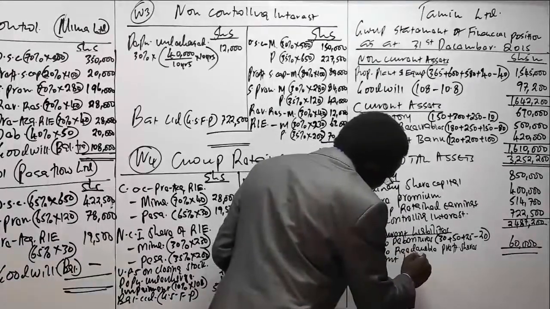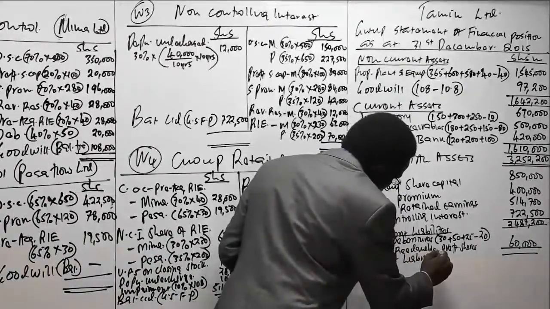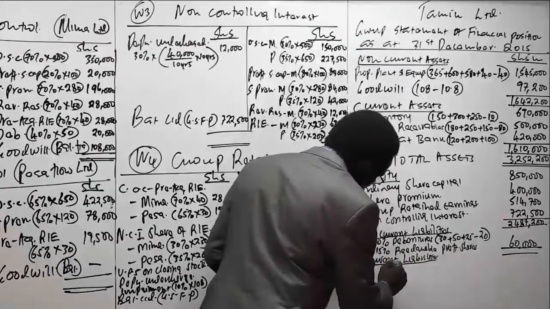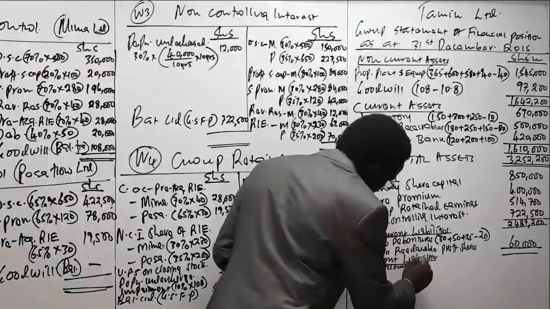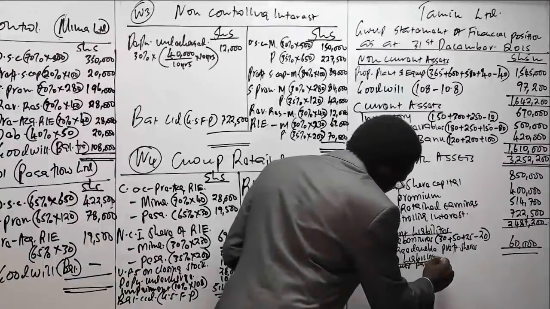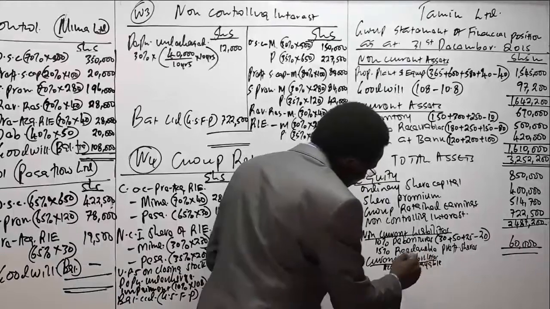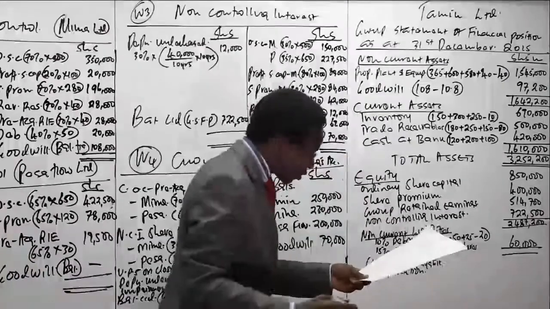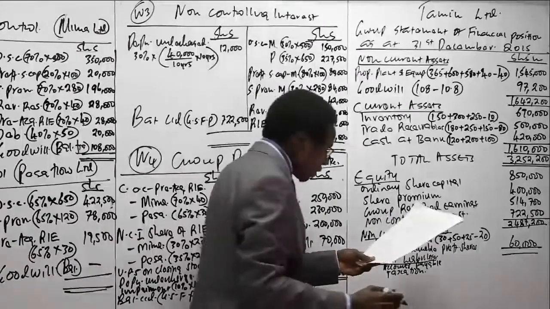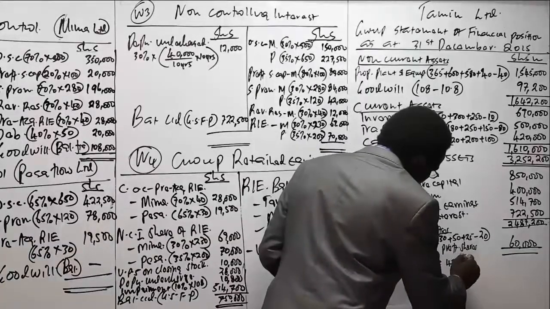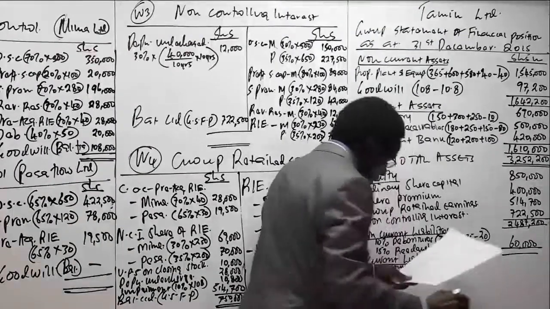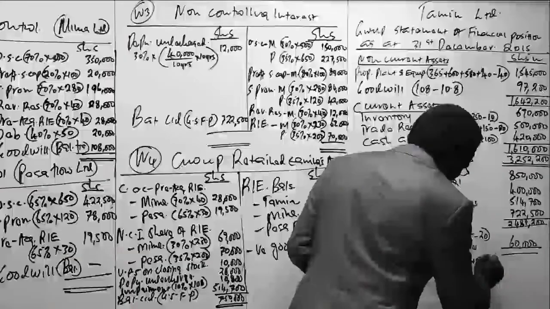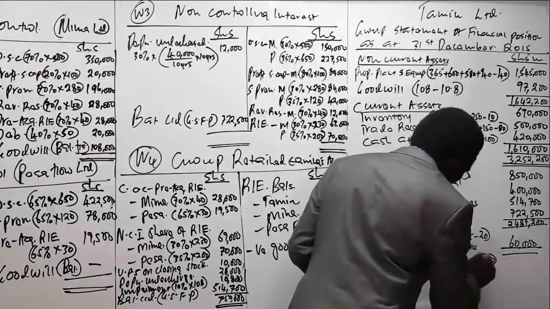Finally, we have the current liabilities. One of them is accounts payable. And we also have taxation. The accounts payable is the 420 plus 90 plus 50, and we subtract 80, the intercompany.